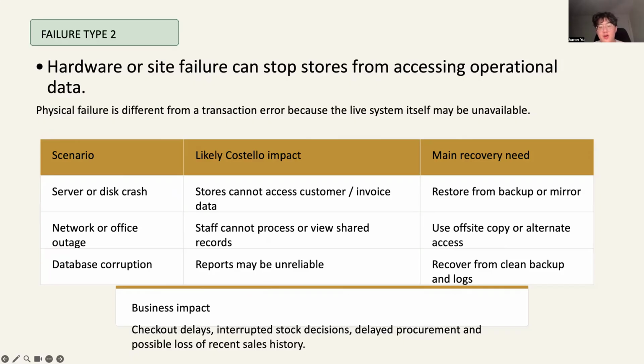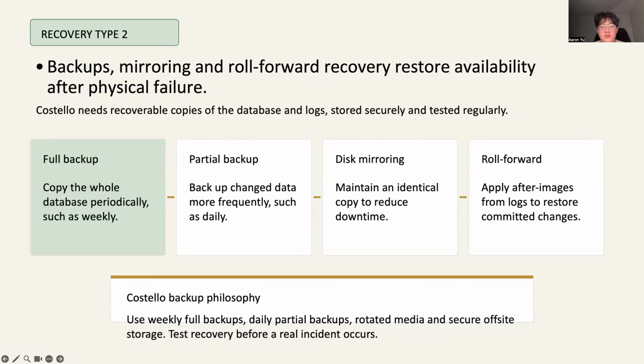Store staff may not be able to access customer or invoice data. Stock information may become unavailable, making it difficult to check product availability or reorder items. Procurement decisions may also be delayed. Therefore, the main recovery need is to restore access to a reliable copy of the database as quickly as possible.